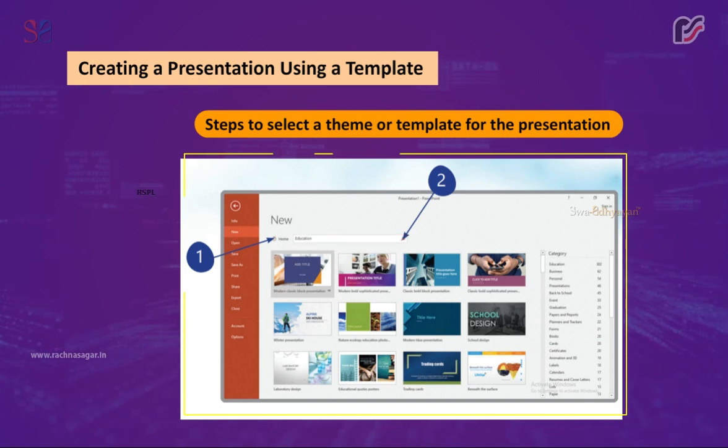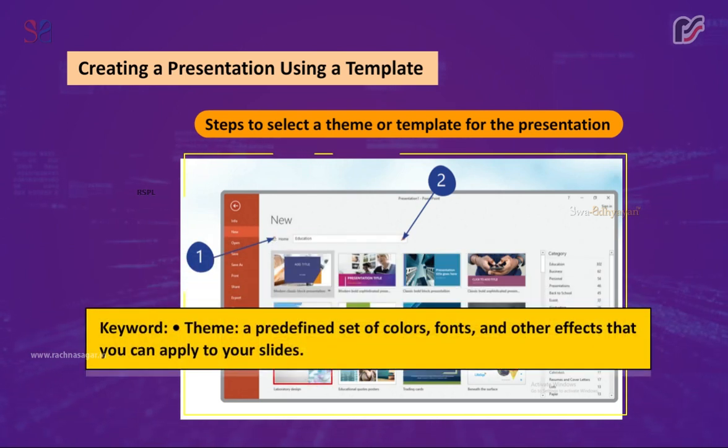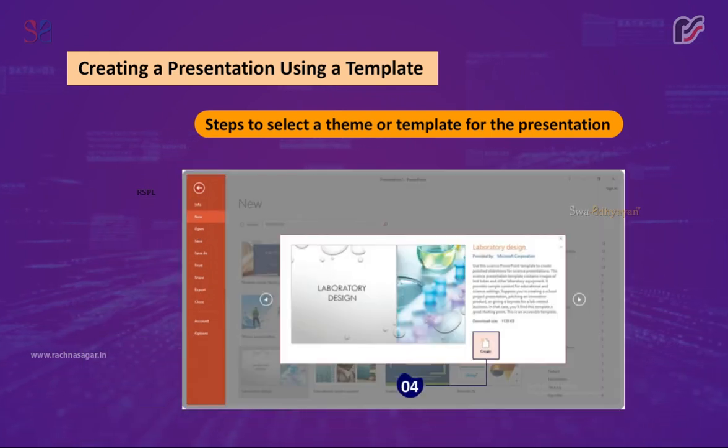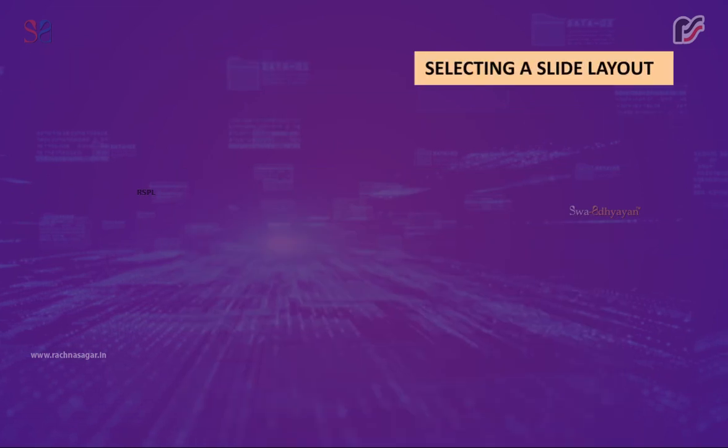Click the search icon. 3. Select the required template from the search result. Keyword: theme. A predefined set of colors, fonts, and other effects that you can apply to your slides. 4. Click the Create option. A new presentation is created based on the selected template.